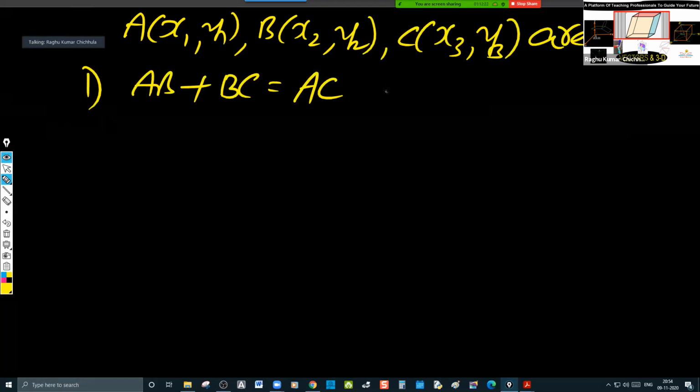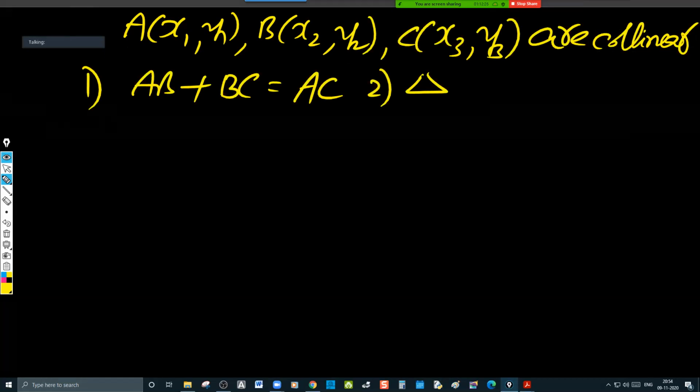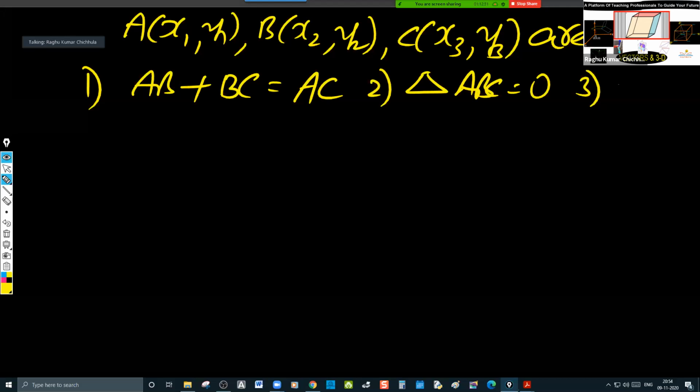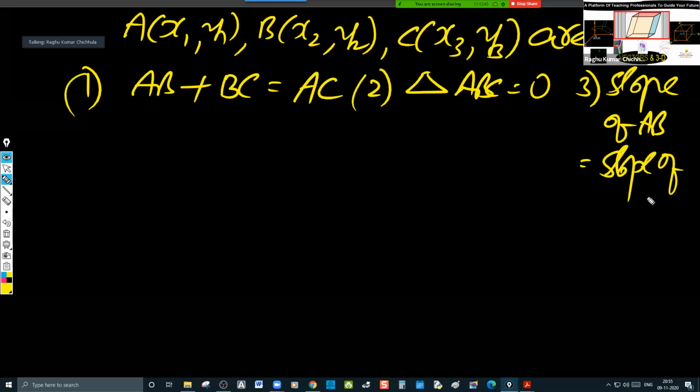This is the first method. Second method, Kaushik, tell me: area of triangle ABC. Can you tell me the third one similarly? Slope. Slope of AB is equal to slope of BC also will give you that they are collinear.